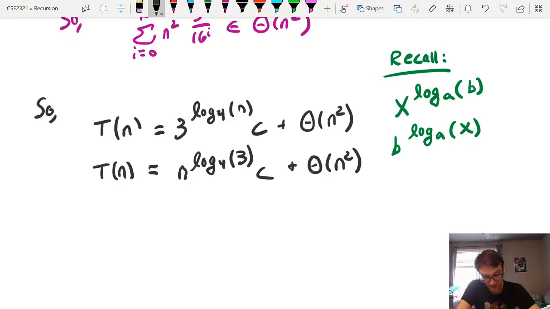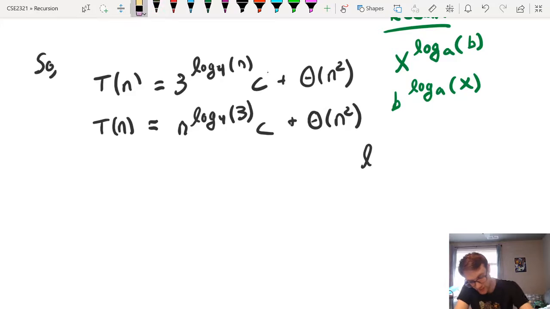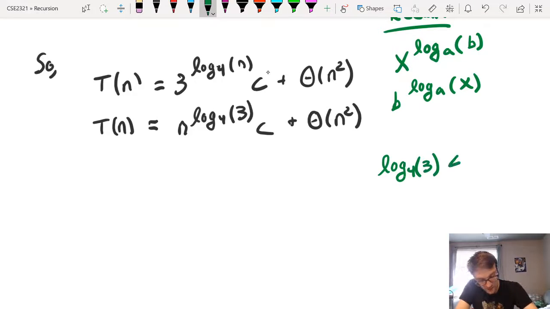This might not be obvious at first, but if we look at log base 4 of 3, log base 4 of 3 is definitely less than 1. Why is it less than 1? Well, I know that log base 4 of 4 is 1. So that thing in the start there is less than 1 for a power, which means that's less than n.